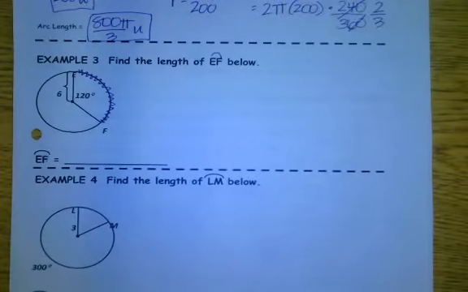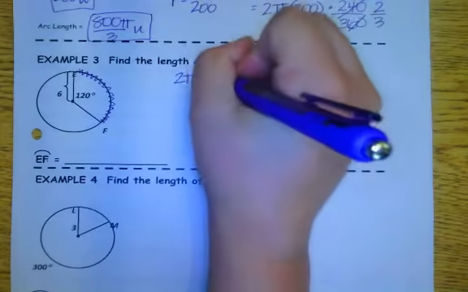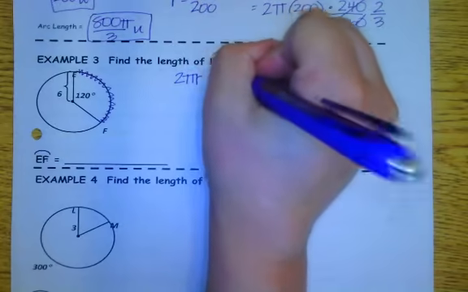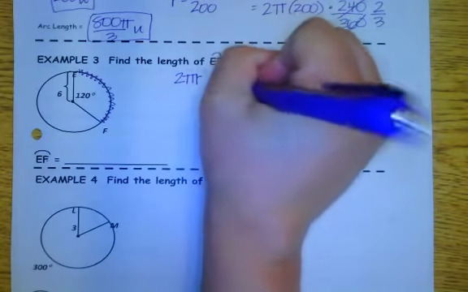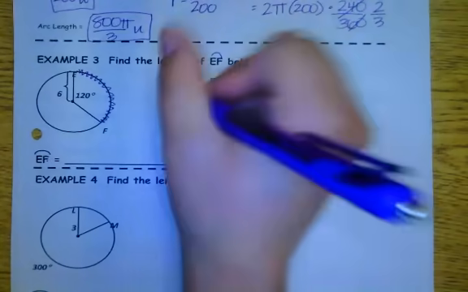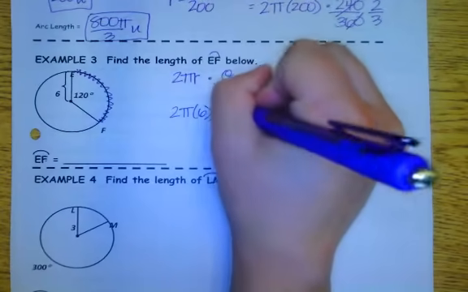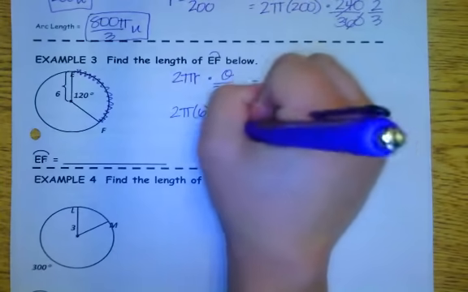Mason, you're going to lead the way. What is your central angle, in degrees or radians? Degrees. So what is our formula for finding arc length if our central angle is in degrees? 2 pi r times angle over 360. Very good. And what is my angle? 120. What is my radius? 6. So I have 2 pi times 6 times 120 over 360.